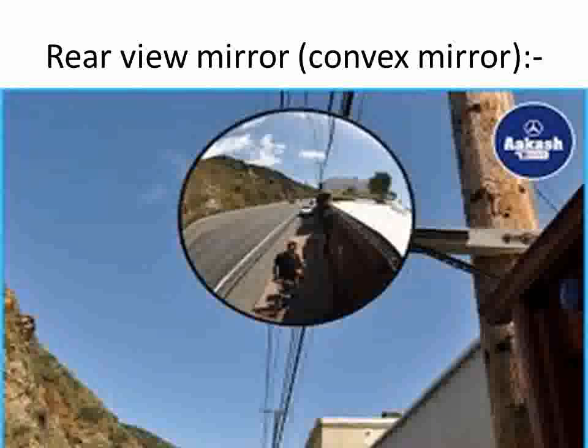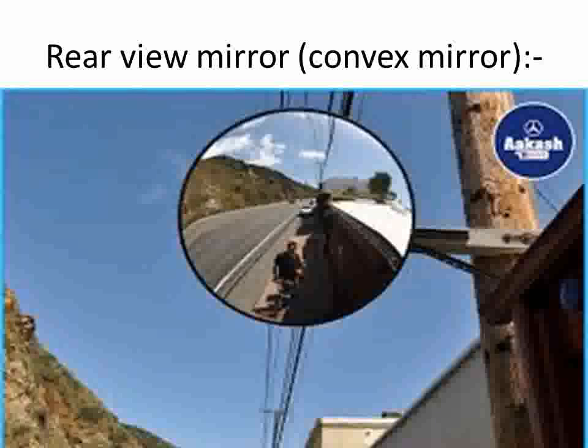Rear view mirror is a convex mirror used near the driver's side in two-wheelers and four-wheelers as shown in the figure. This always collects light from a large area, that is, the field of view is large but the size of the mirror is small.